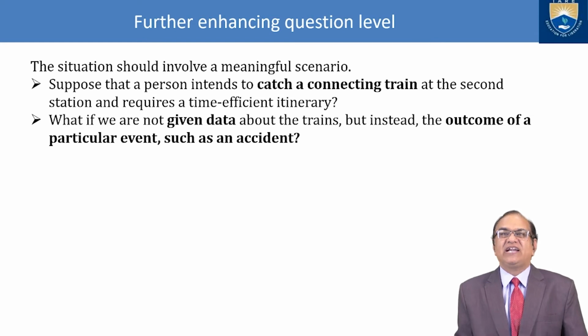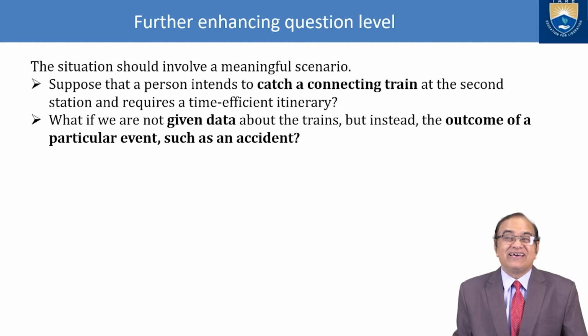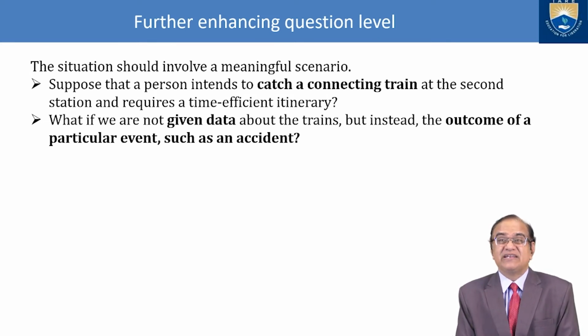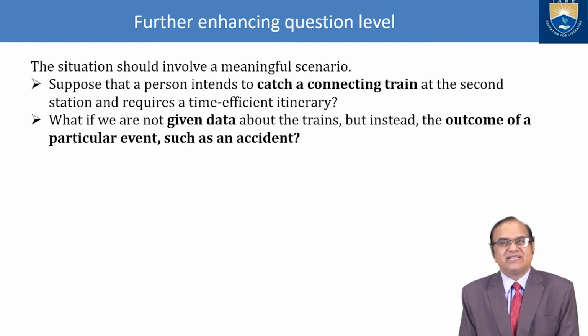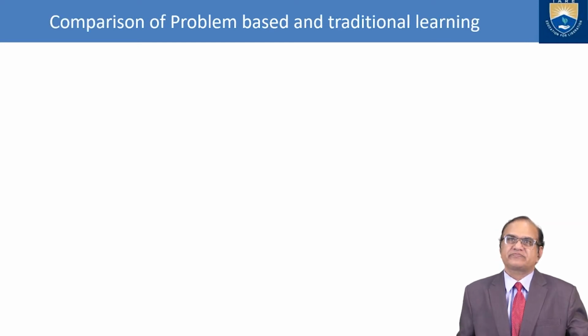What if we are not given data about the trends, but instead the outcome of a particular event, such as an accident? If something happened at very high speed and some accident happened, what will you do? Like this, we can give some questions.